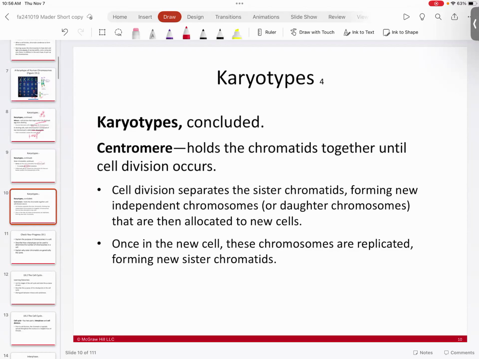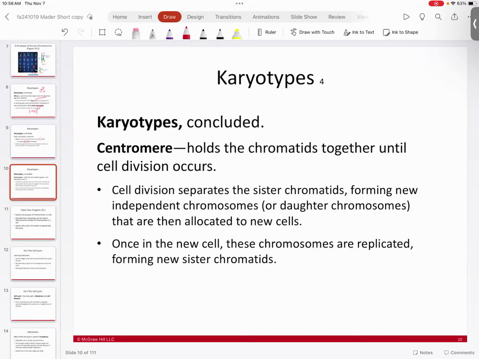Now, the centromere, when you take a look at a chromosome, is a constriction point in all chromosomes that holds your chromatids together. And so during cell division, you separate your sister chromatids apart, forming new independent chromosomes in the daughter cell. So for instance, if I have one sister chromatid attached to the other, I'm going to pull one set of sisters in each direction.